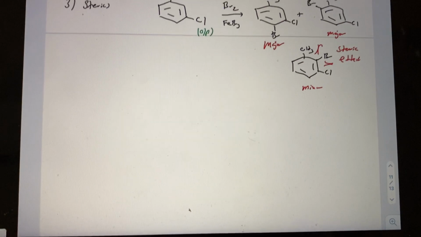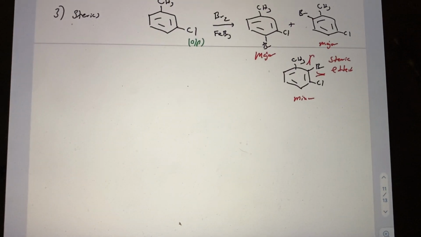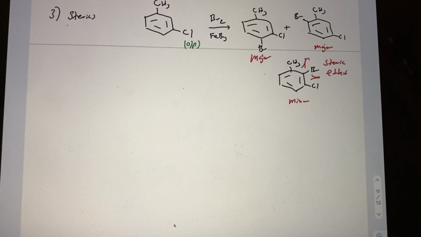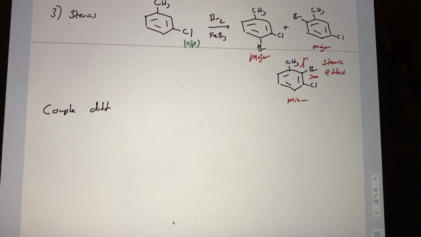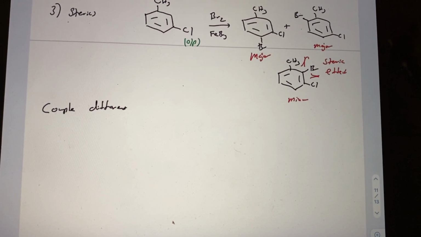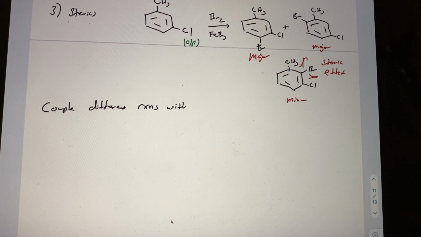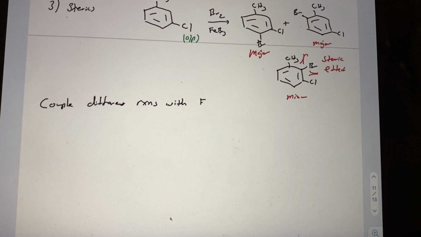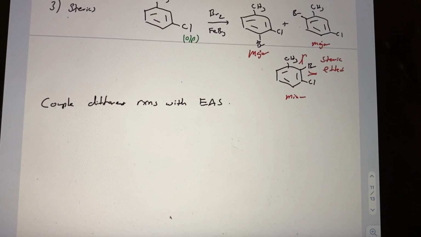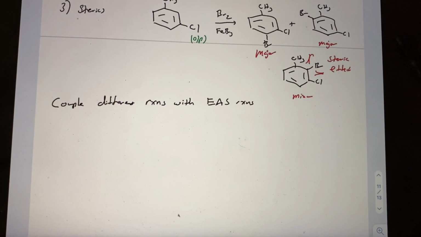Now, what we want to do is to couple different reactions with the electrophilic aromatic substitution reactions.